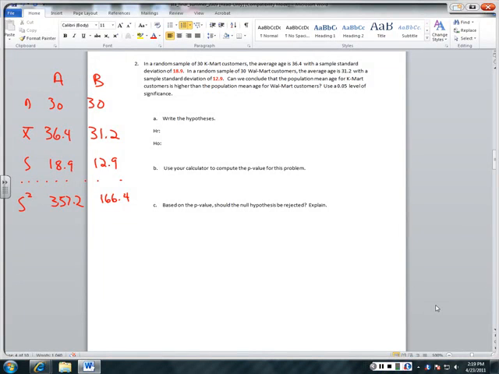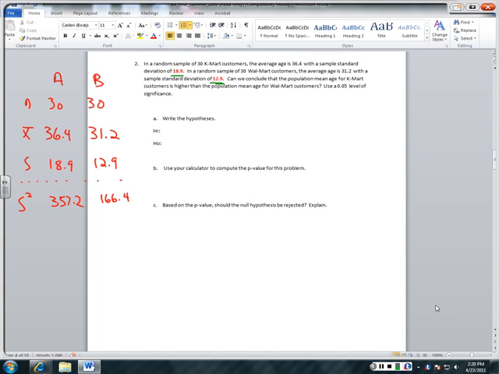Okay, so first of all, let me note, I did change the standard deviations on this problem, so that was 18.9 and 12.9. Anyway, we have 2 samples, one of Kmart customers and one of Walmart customers.